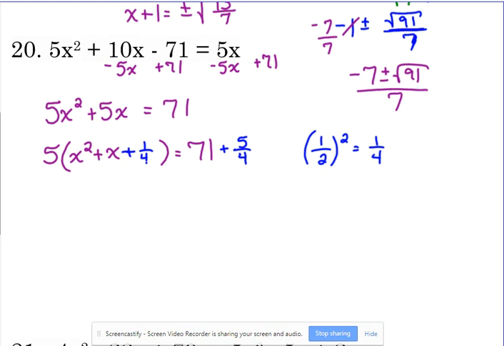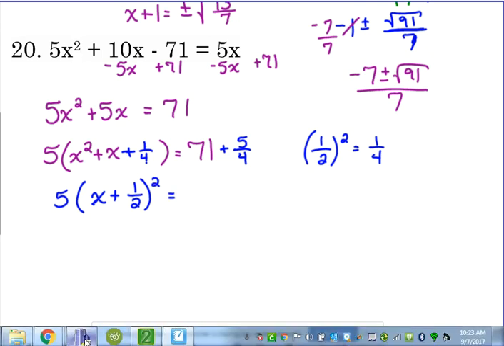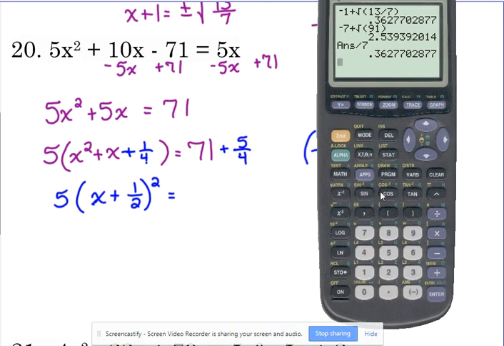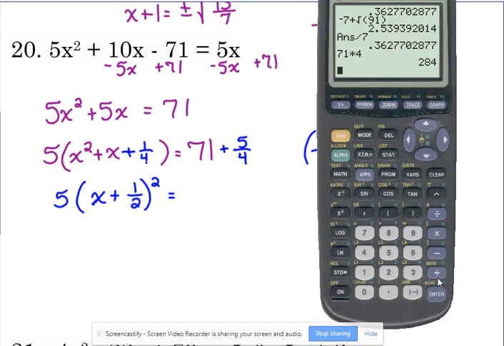So I add 5/4 to the right side. So on the left side, we have 5 times x plus 1/2 squared is equal to, let's see here, 71 times 4 is 284 plus 5, so 289 over 4.